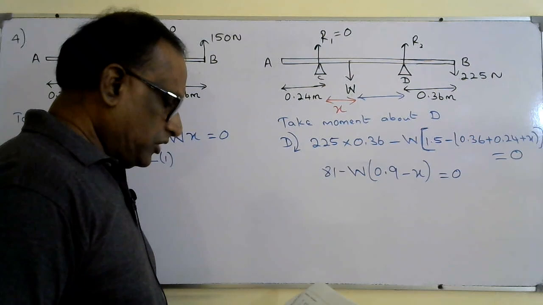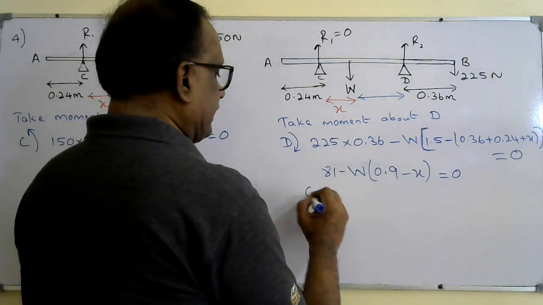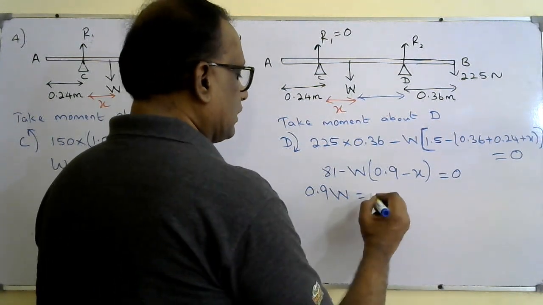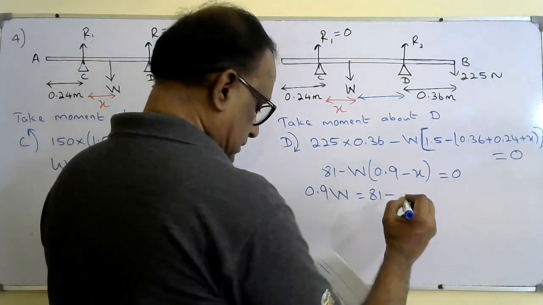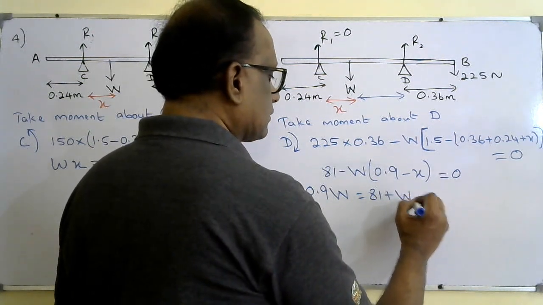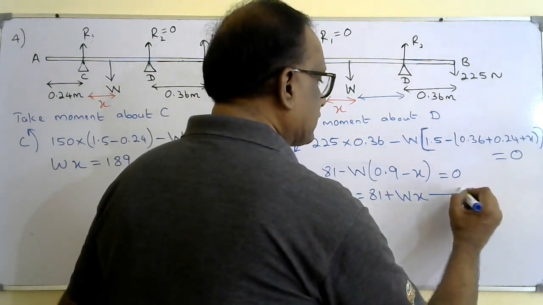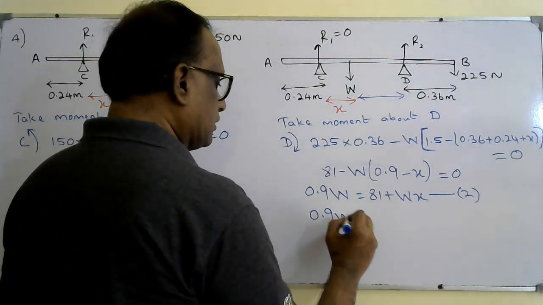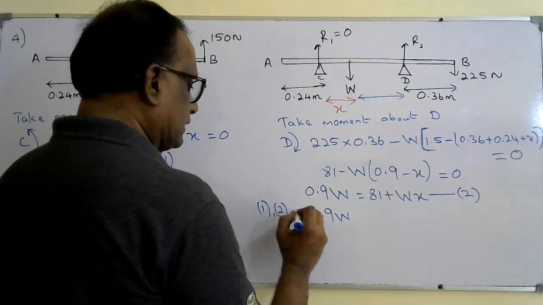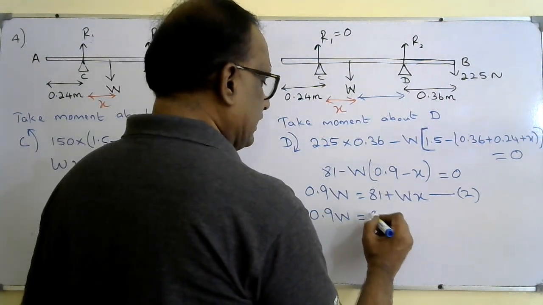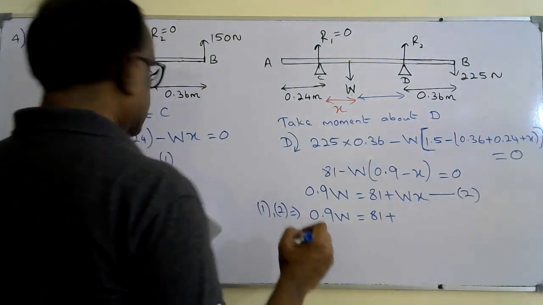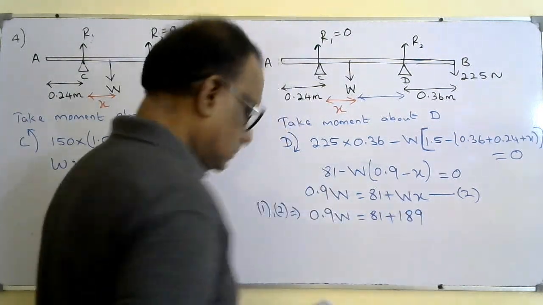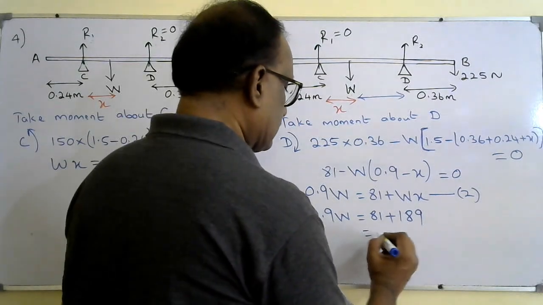Further solve it, you will get 0.9W equal to 81 plus Wx. From equations 1 and 2, if I combine, instead of Wx we can use 189. So 0.9W is equal to 81 plus 189, that will be 270.